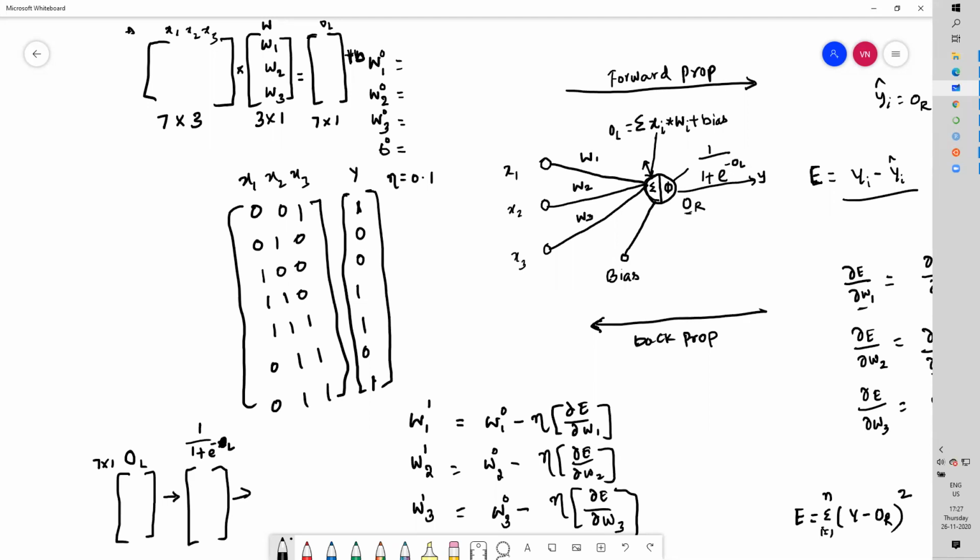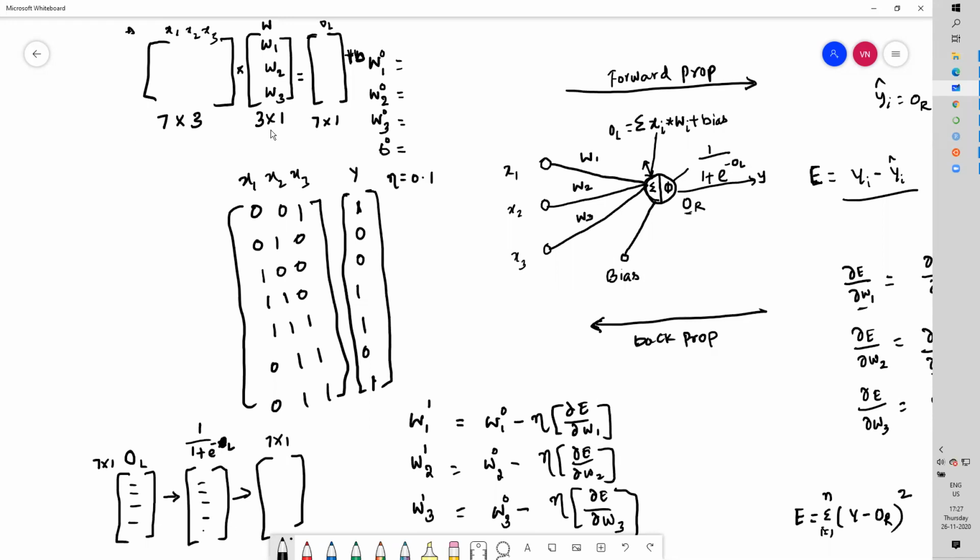So for each input here, this will generate an output. So you would get another value, which is like 7 by 1.